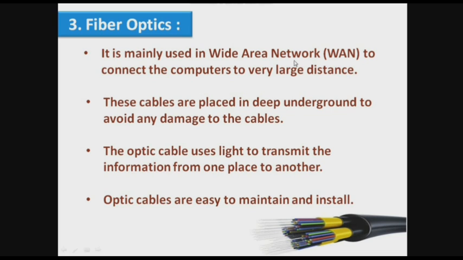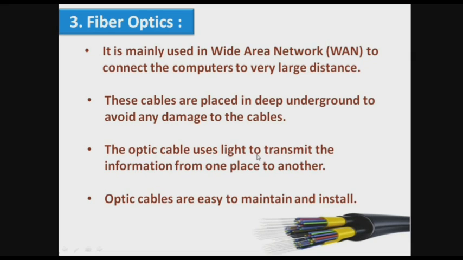These cables are placed deep underground to avoid any damage, because fiber optic cables are generally used to transmit data over long distances without noise and without any interference. So these cables are placed underground.